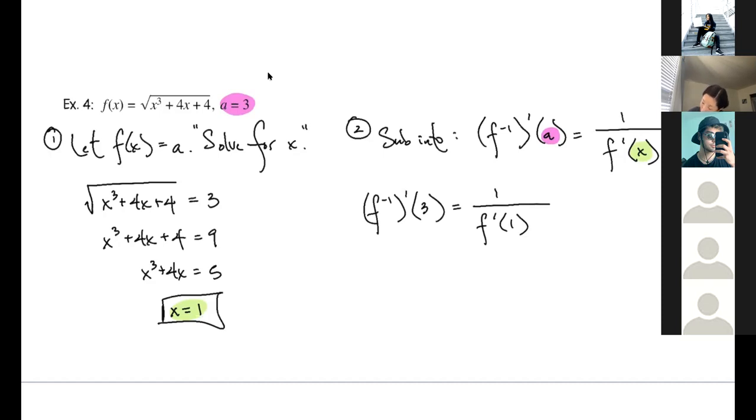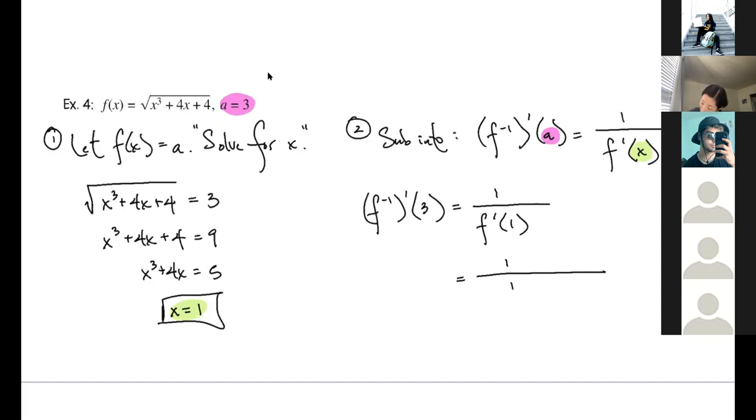And so we're going to go ahead and find our derivative. Our original function was this. I'm going to need to use the power rule and the chain rule.